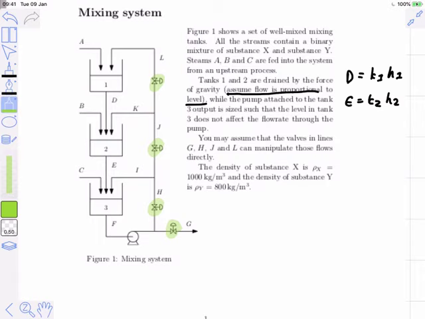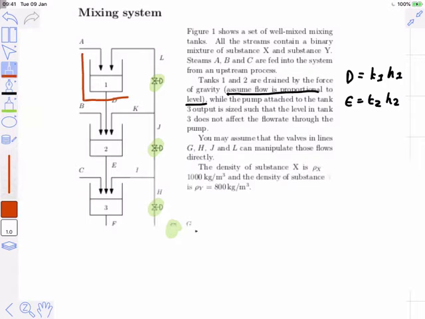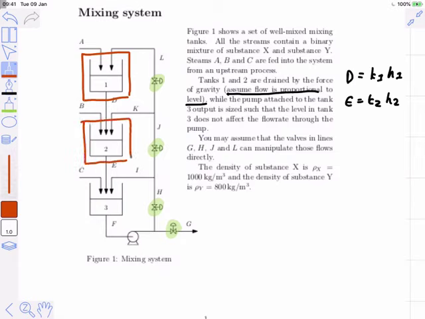Then, of course, we've got the densities of the substances, and we've got all the mixing and so on. So my basic approach on this is quite straightforward. I'm going to do mass balances over all of these areas. Let's call this mass balance.